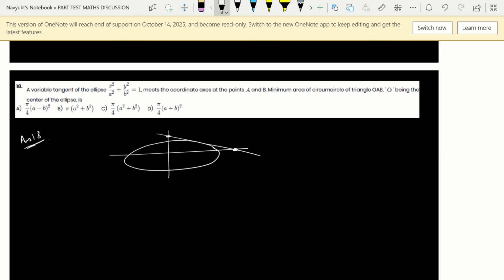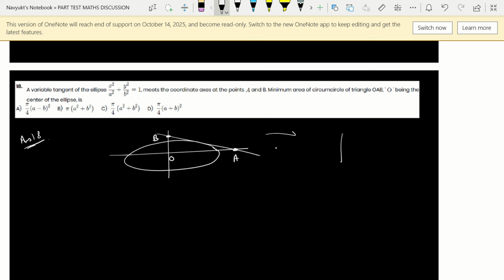Now, first of all, do you know how to write the equation of a tangent of any ellipse? Because see, they're talking about the circumcircle of this triangle, right? O, let's say A, let's say B here. This triangle, I am trying to draw a circle circumscribing this triangle, right?